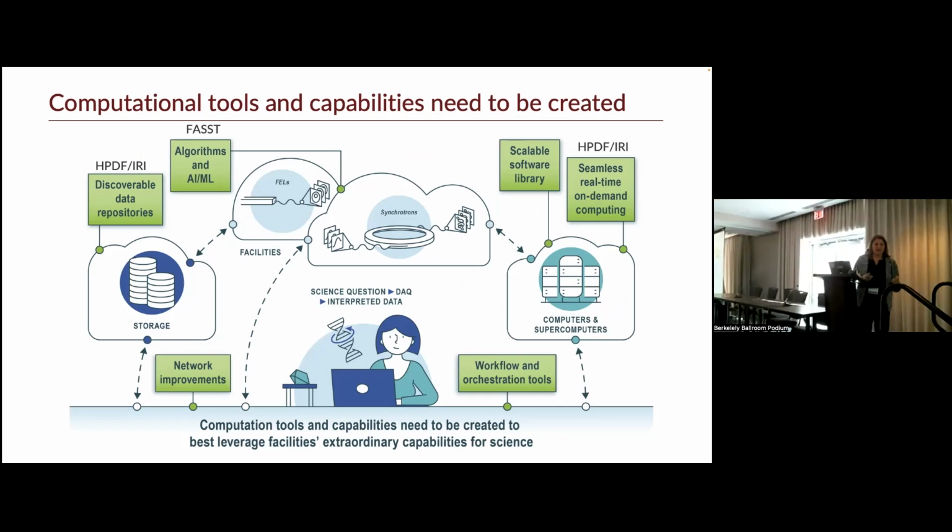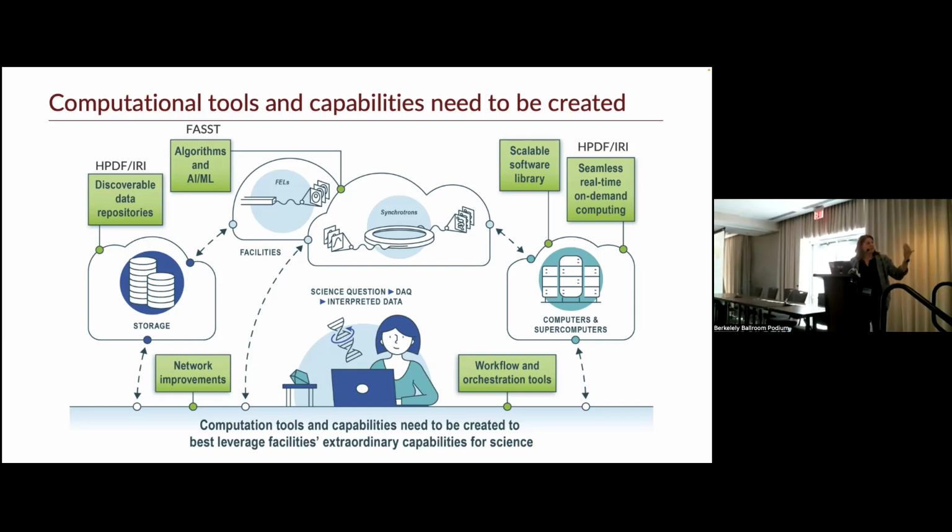We need to store the data, so we need storage. We need to be able to do multimodal analysis, so we need to be able to move data from facility to facility, from facility to compute. So we need network improvements. We need discoverable data repositories. We need the ability to see where the data is, what it was, what the metadata is that's associated with it, under what conditions it was taken.